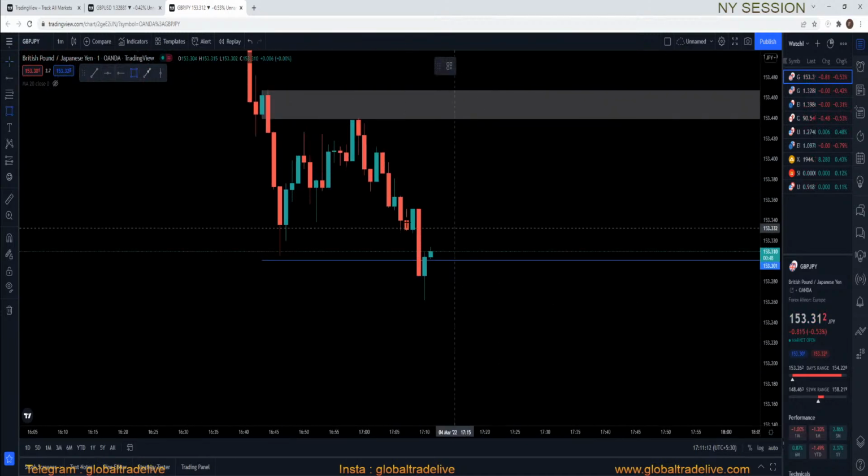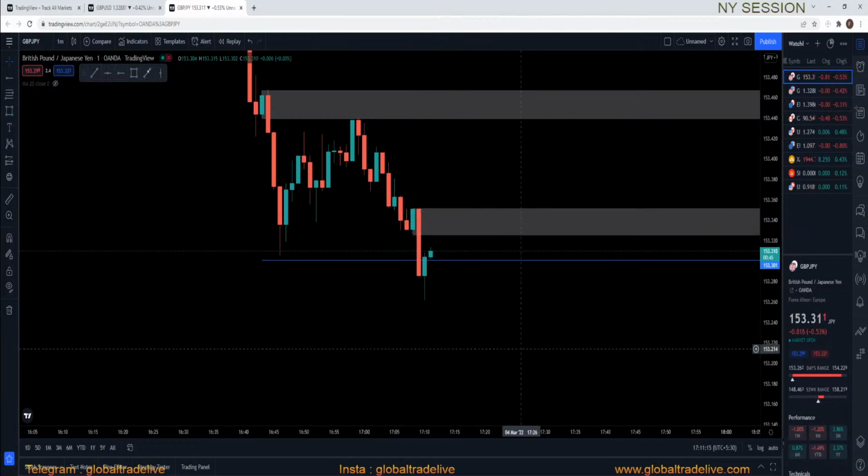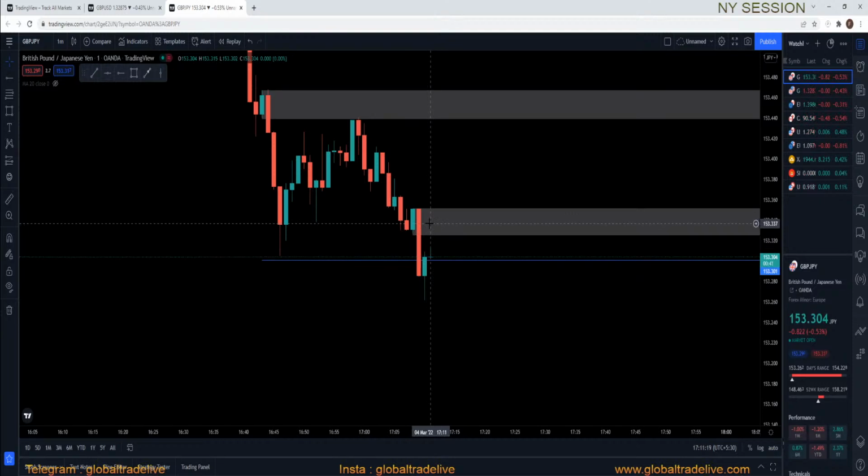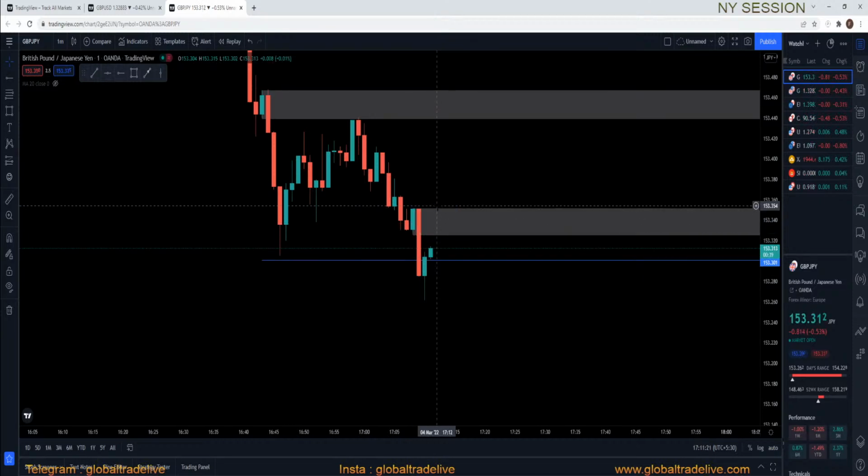For me, this is a POI zone. Market can come up to this zone, but if we have a candle closing above this zone, then obviously I'm gonna close some positions.